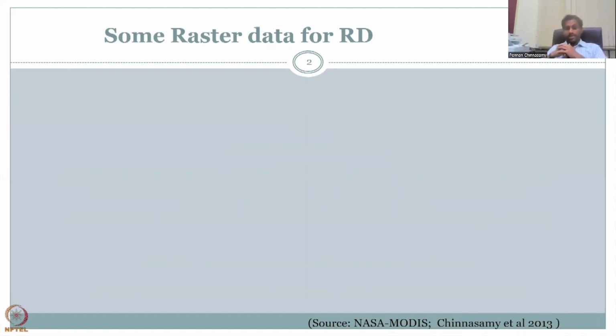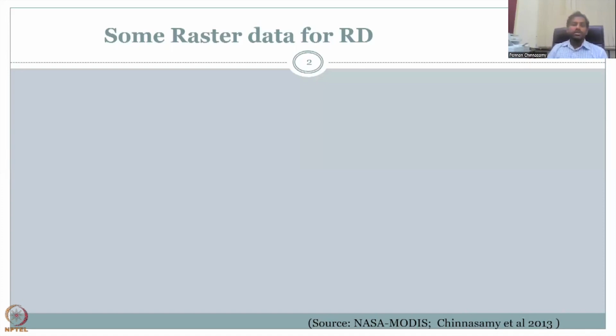This post-processed data is still raw data for you, because you are going to take the data and process it in GIS, and it has to be worked upon for different objectives, so that we know what objective we are going to have and what data we are going to use. So let's look at some raster data for rural development.